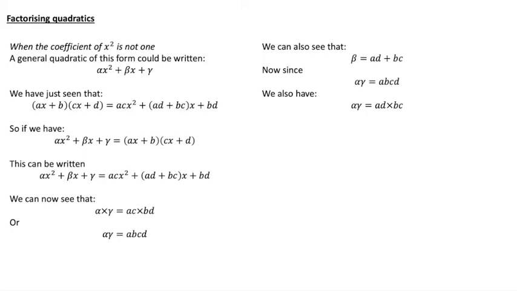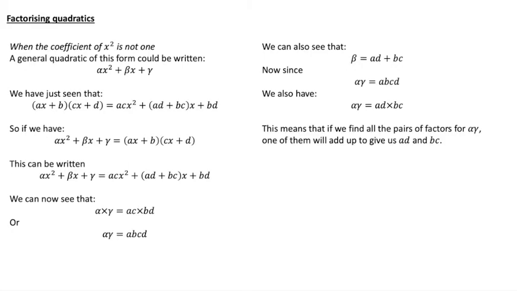So again, we can change the order of multiplication. And what that means is that if we can find all the pairs of factors for alpha gamma, then one of those pairs, which will be in effect equal to ad and bc, can be added up to give us ad and bc.